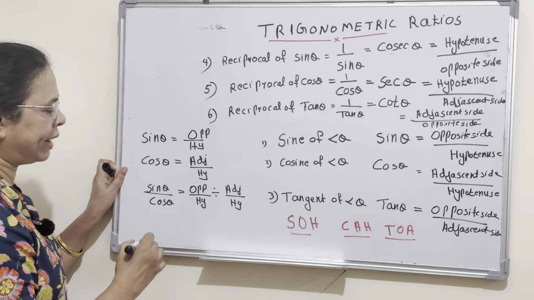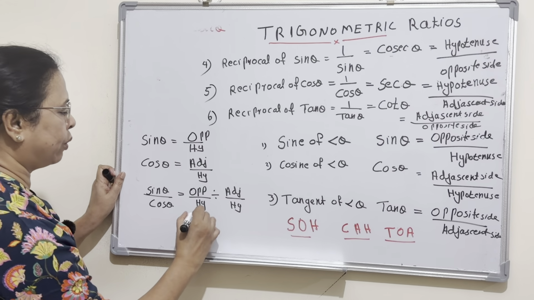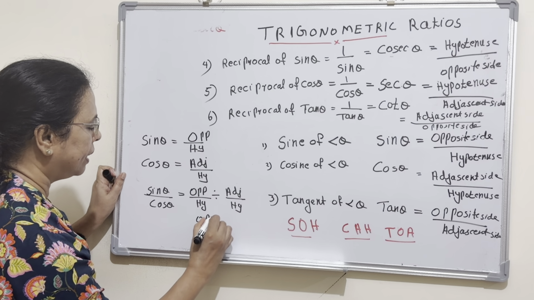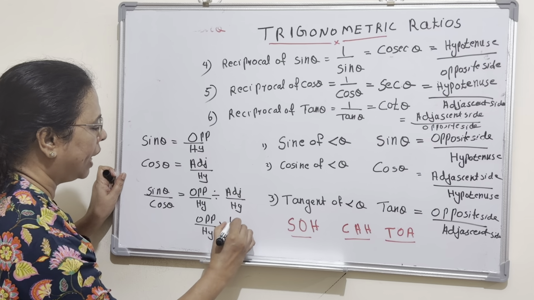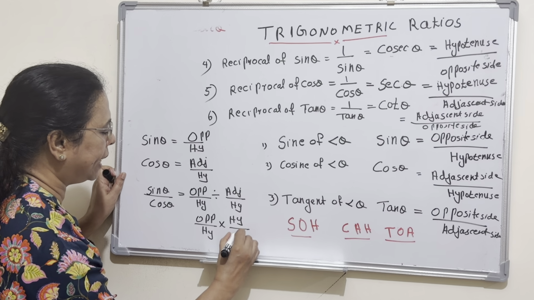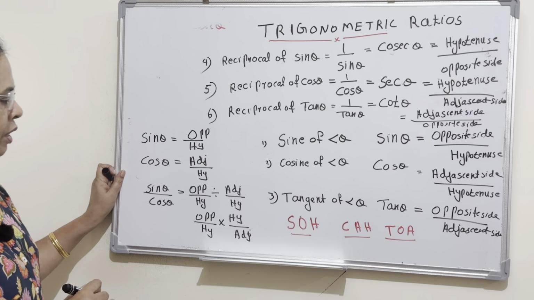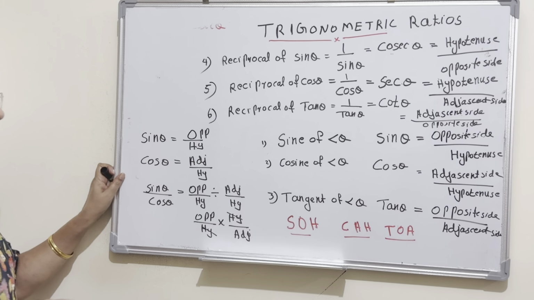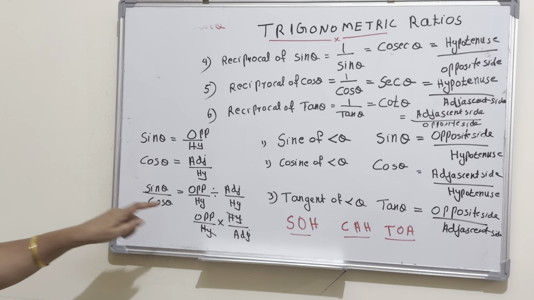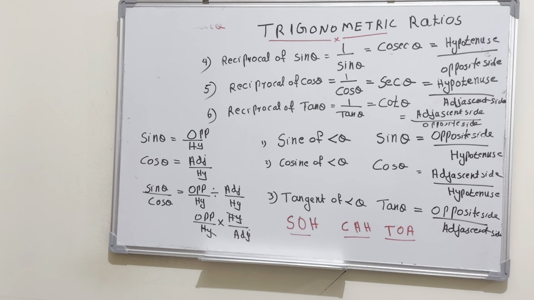When you divide a fraction, you multiply with the reciprocal. So opposite by hypotenuse into hypotenuse divided by adjacent side. The hypotenuse and hypotenuse cancel. Now in the numerator I have opposite, and in the denominator I have adjacent.